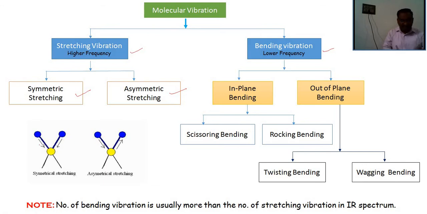In symmetric stretching, both stretches are in the same direction. Just see the arrow marks here, both stretching in the same direction. But here, the stretch is in the opposite direction.